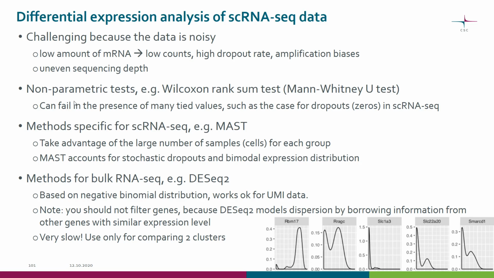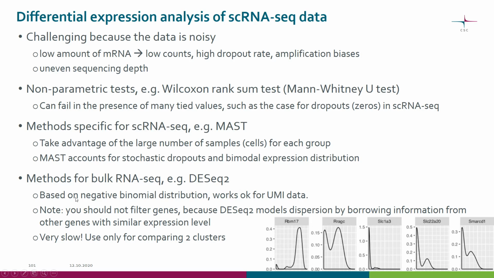Finding marker genes is challenging because the single-cell RNA-seq data is noisy. The starting material is very low, hence we get low counts. We also get high dropout rates, so there are many genes that are expressed, but we don't detect the expression. And there are also amplification biases and uneven sequencing depth.